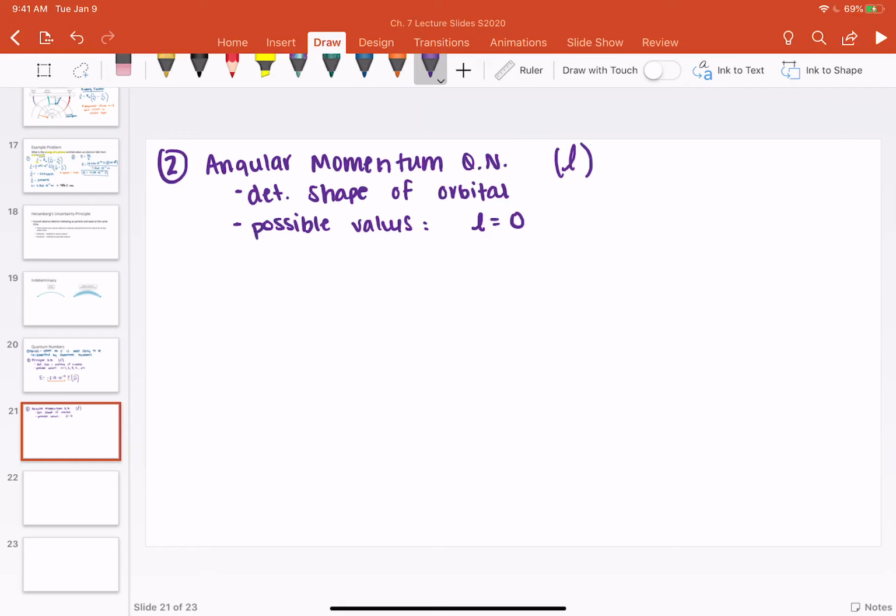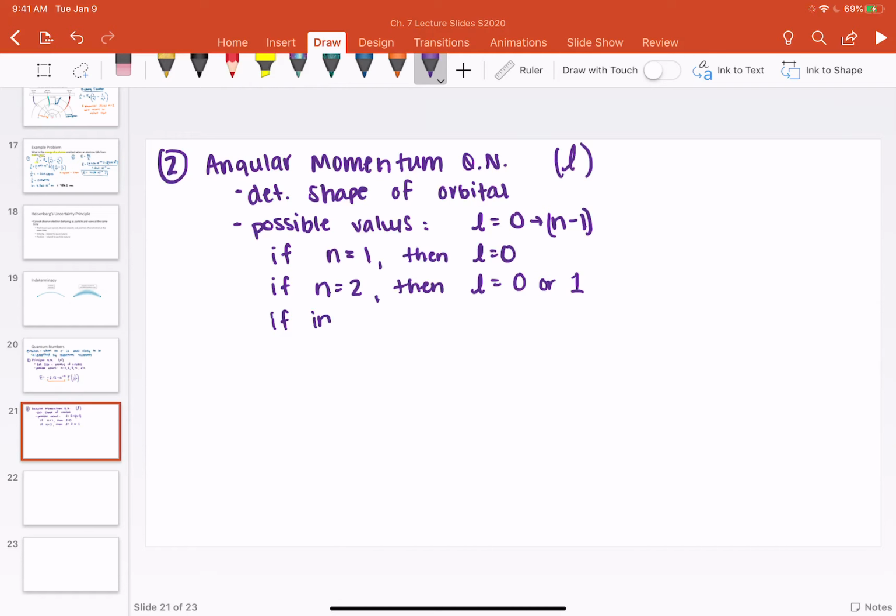So that means that if n equals 1, then L equals 0. If n equals 2, then L could equal 0 or 1.